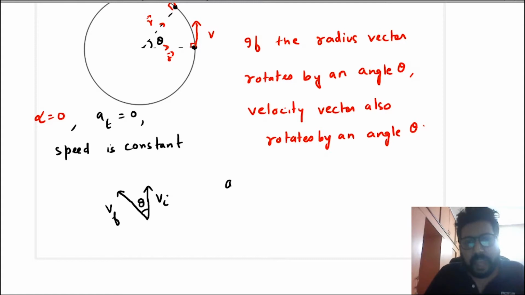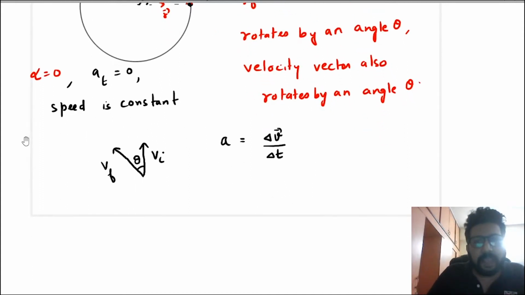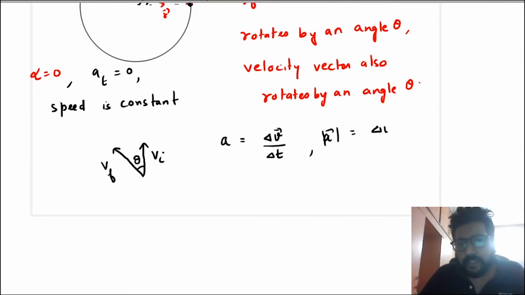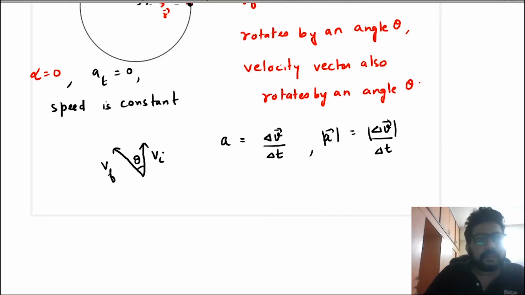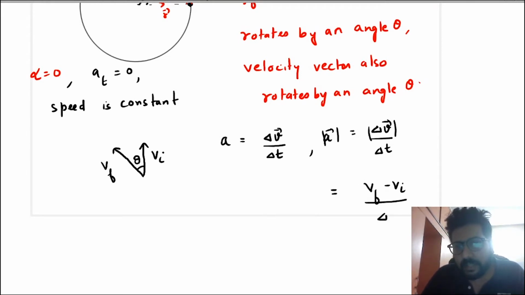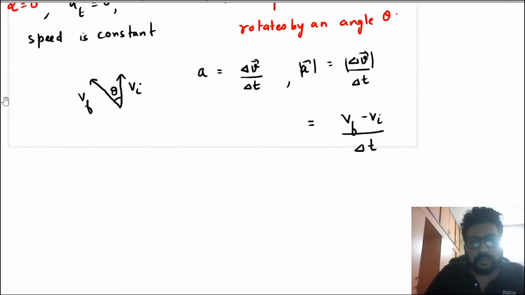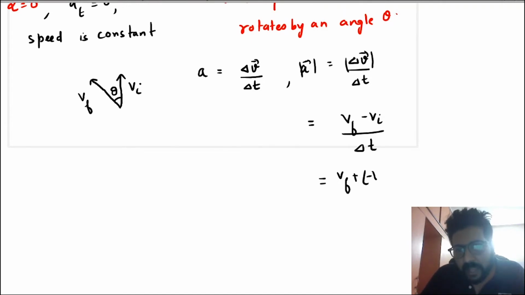Now you know the acceleration is defined as change in velocity per unit time, right? Now if you want to find the magnitude of this acceleration, it is equal to the magnitude of change in velocity per unit time. And for the magnitude of this change in velocity, you will write v final minus v initial by delta t.